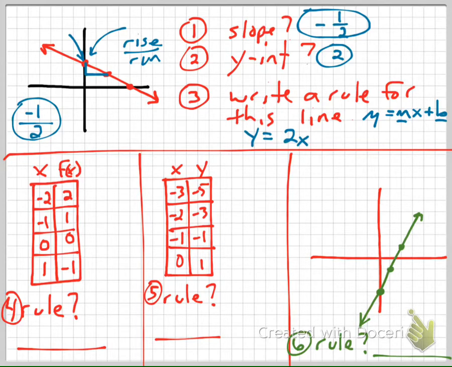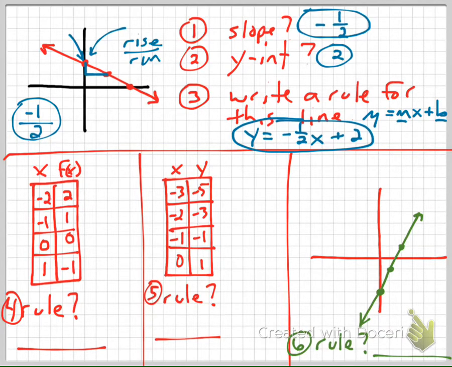The slope is -1/2 x, and then the intercept was 2, so plus 2. They could have f of x equals -1/2 x plus 2, or y equals -1/2 x plus 2. How many of you got that one right?